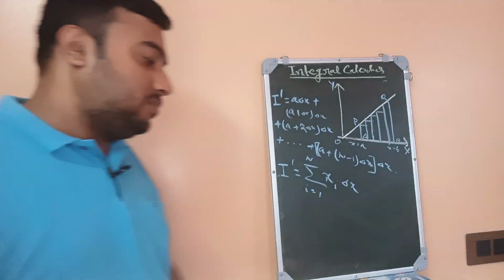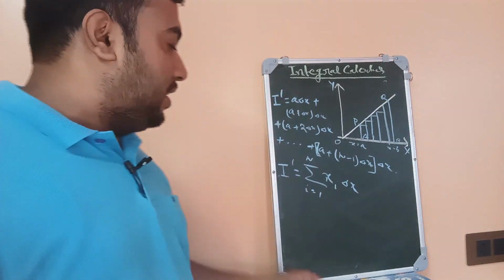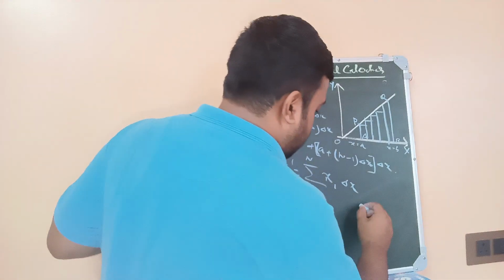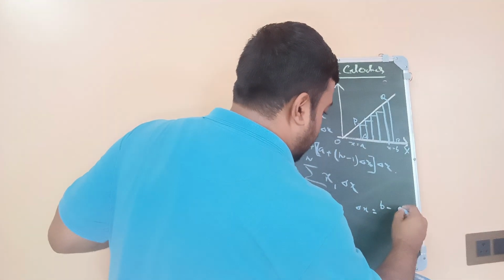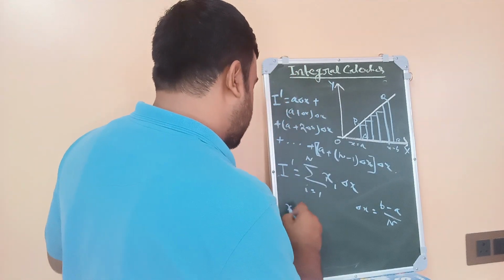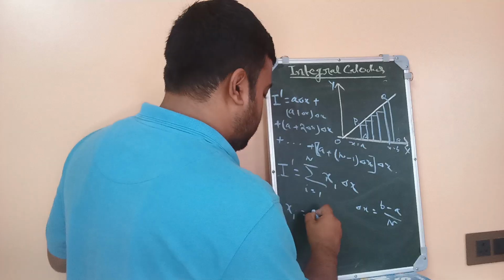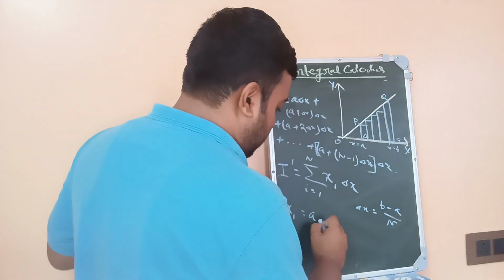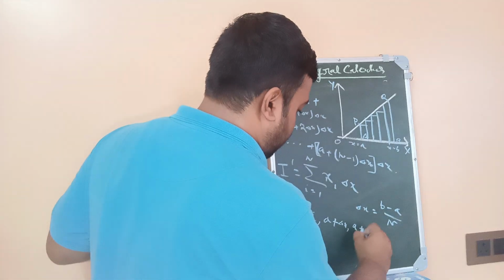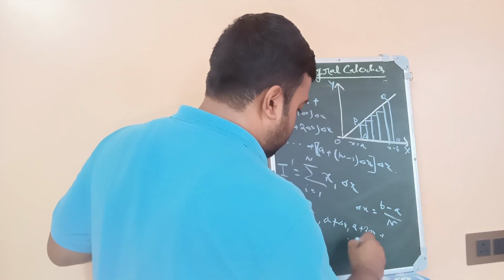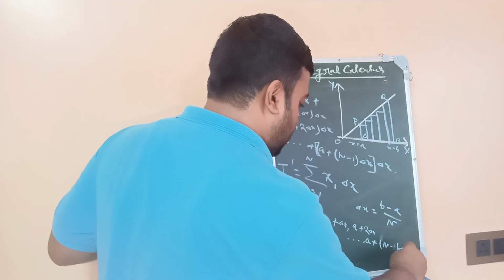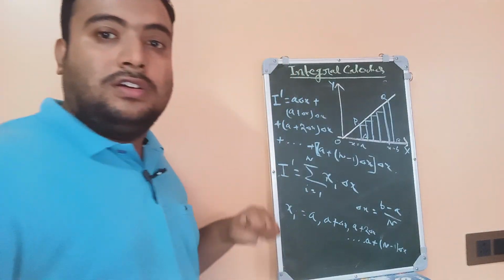Okay, where the value of delta x is (b - a) divided by n, and xi = a + delta x, a + 2 delta x, up to a + (n - 1) delta x.